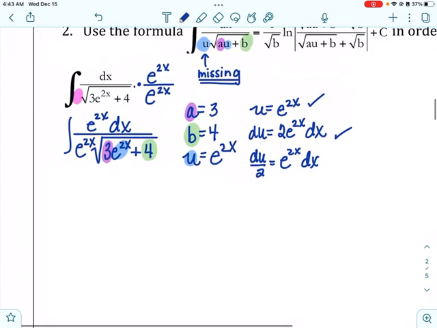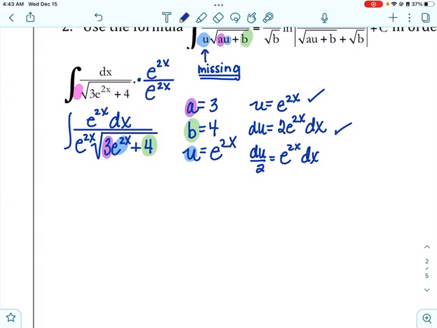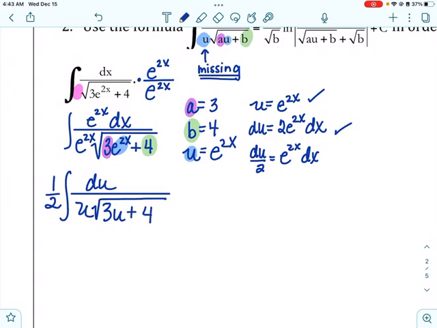And what we're going to do then is pass a 1/2 out front. So we have 1/2 the integral of, and if you notice, you have just the du left, and then I can make that u here, and then the square root of 3u plus 4. Okay, so we have everything that we need here.